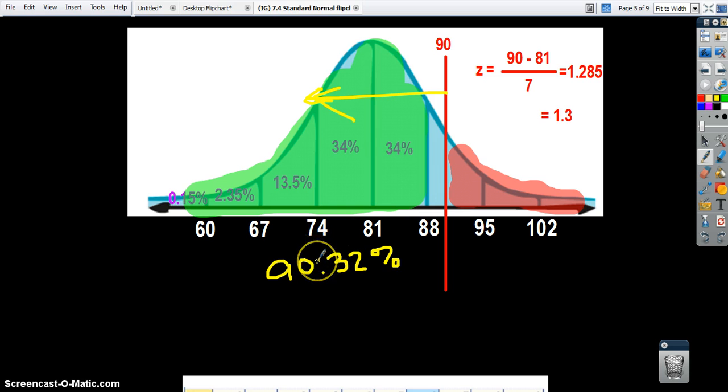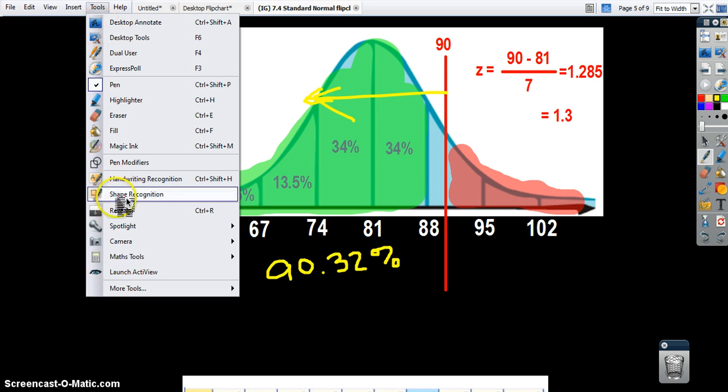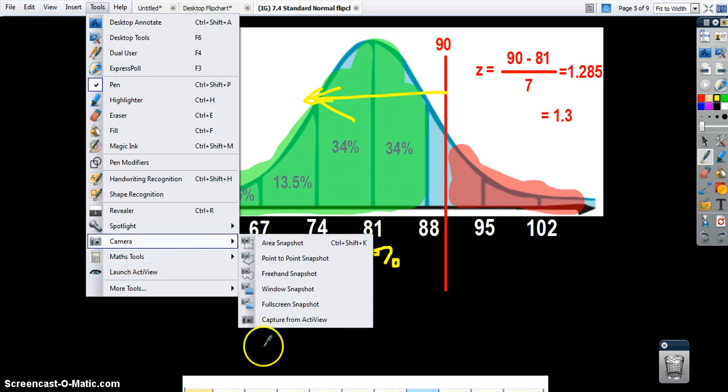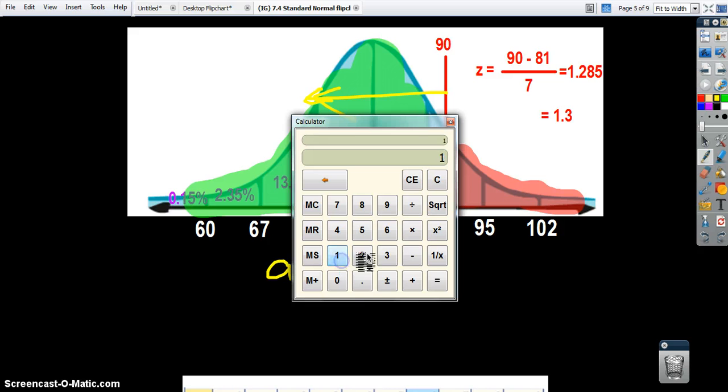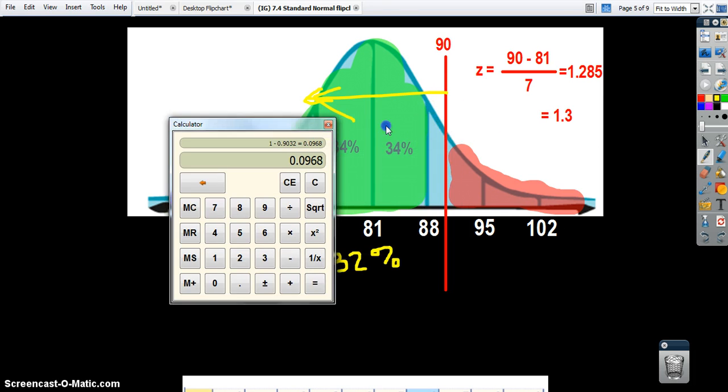So 1 minus 0.9032 is what I'm going to do. Okay, so 1 minus 0.9032 gives me 0.0968.